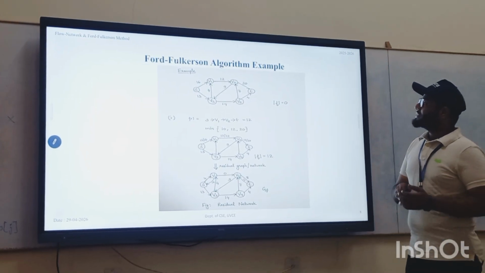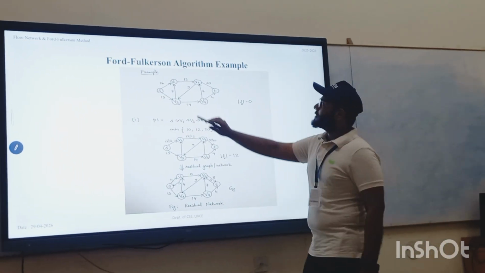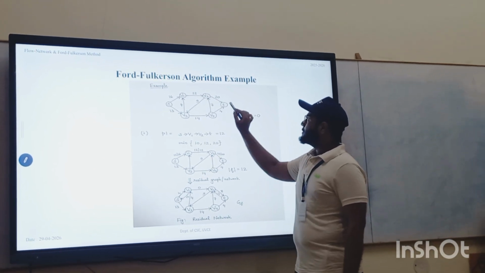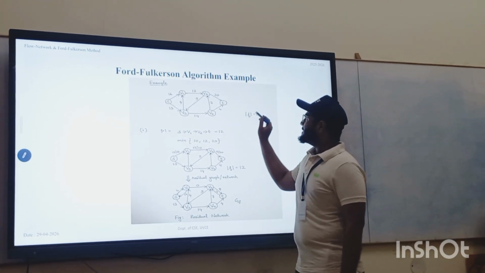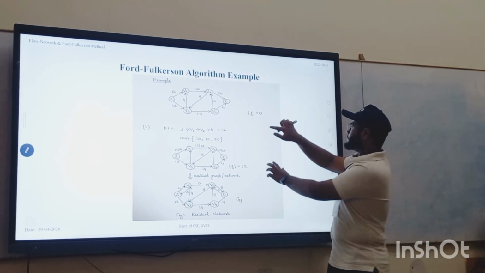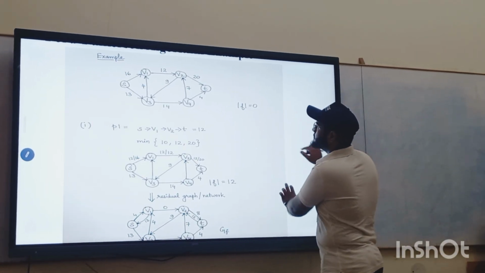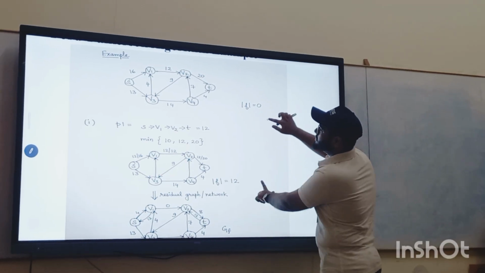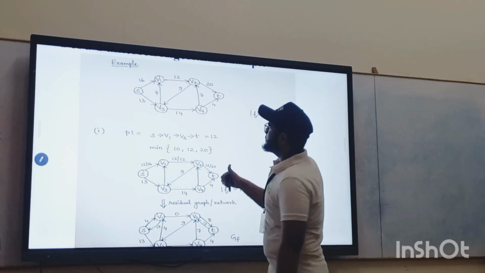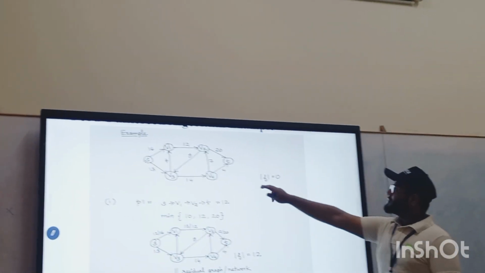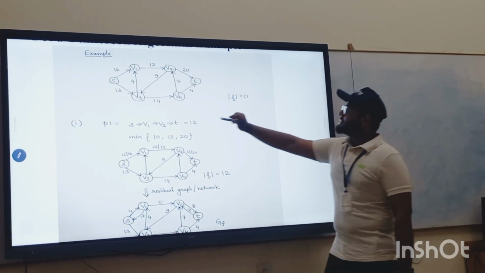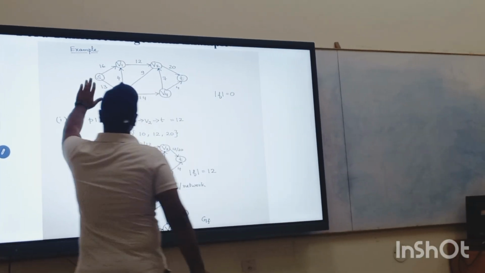So here is one of the examples. From here to V1 we have 16, from here to here you have 12, here to here you have 20. So initializing, what does the algorithm say? Zero. From S to V1, V1 to V2. First we will consider this part from source to sink.